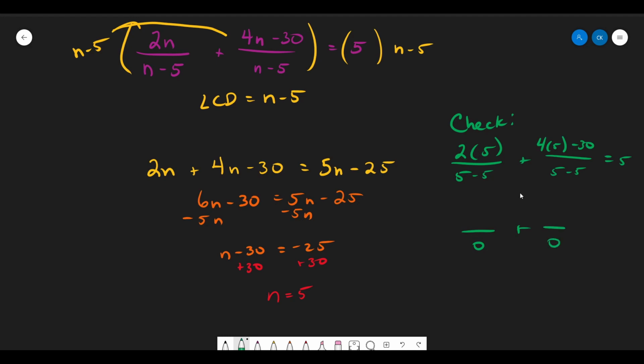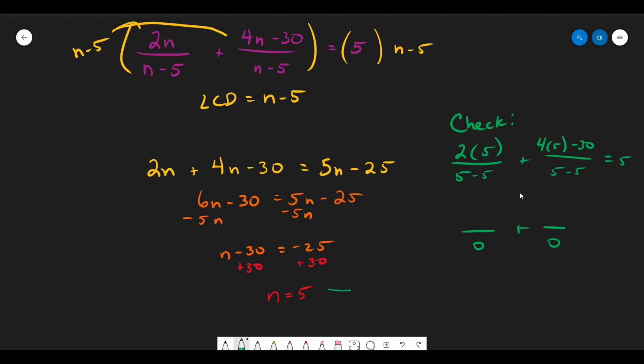But we already know that we are never allowed to have a denominator that is 0. So in the case of this, 5 is not really my answer. So this problem actually has no solutions.